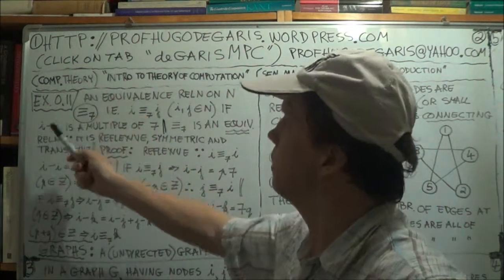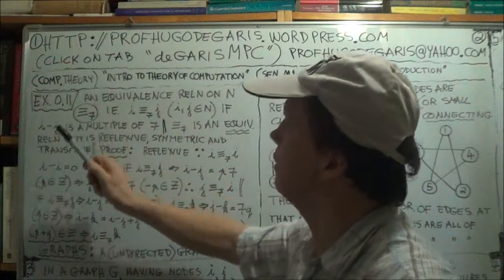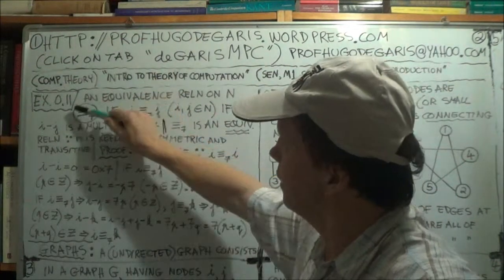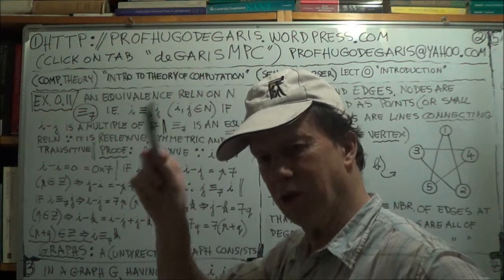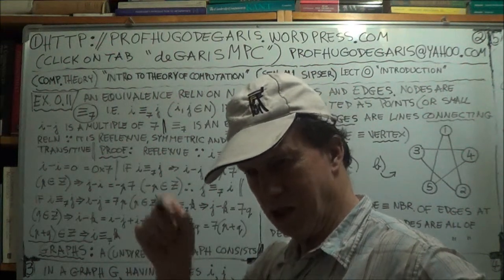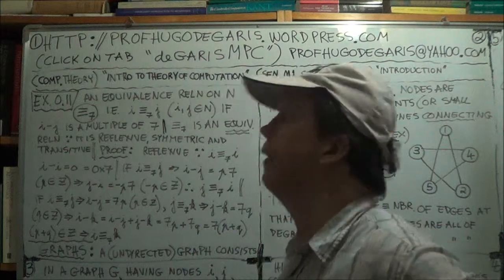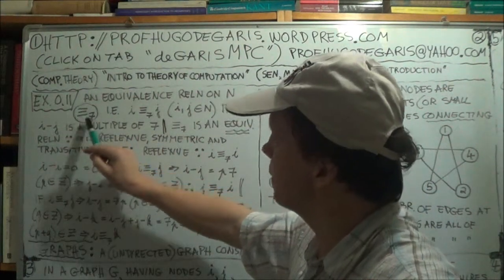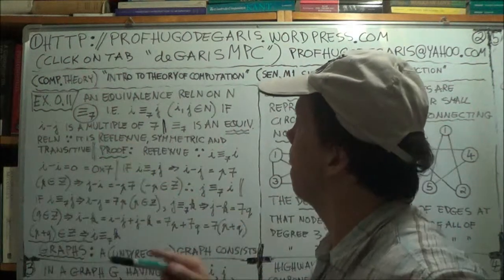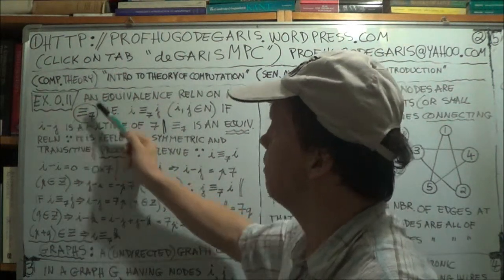It's just an example. So example 0.11, and here's the symbol for the equivalence relation. Usually the equivalence relation generalizes to capital R, big R, but in this case it's sort of three bars and a suffix 7. And what does that mean?